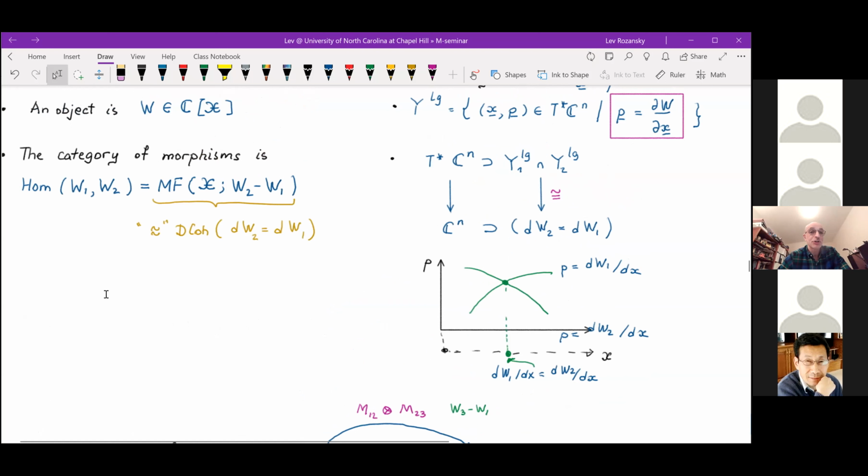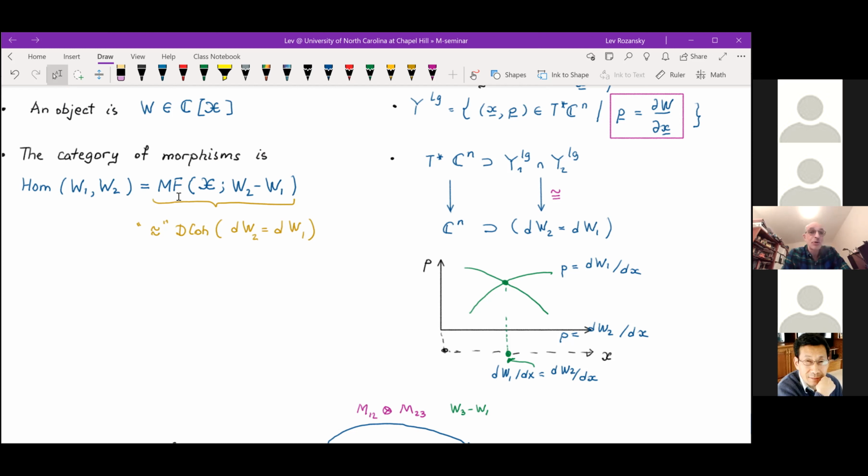whether the intersection is good or bad in the cotangent bundle, because the proper category of morphisms is matrix factorizations of the difference of W. So if both W are equal to each other, then we simply get matrix factorizations. W then is 0, so the differential squares to 0, and you're back to ordinary coherent sheaves.